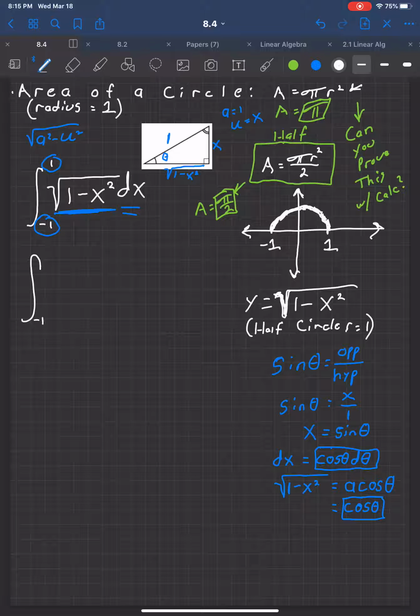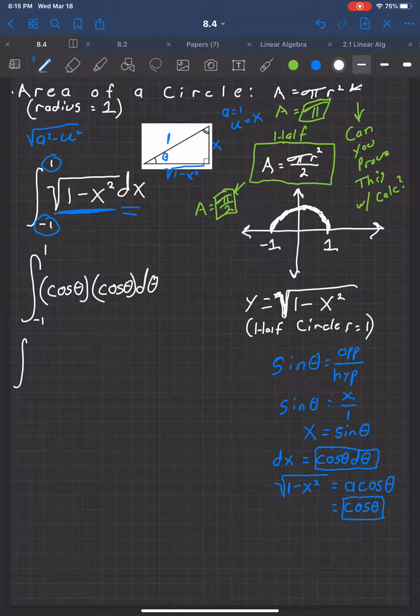So I'm going from -1 to 1, and this is going to be cosine of theta times cosine of theta d theta. Okay, or in other words, -1 to 1 of cosine squared.